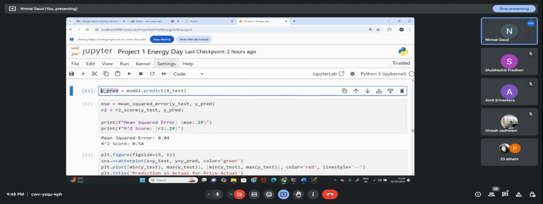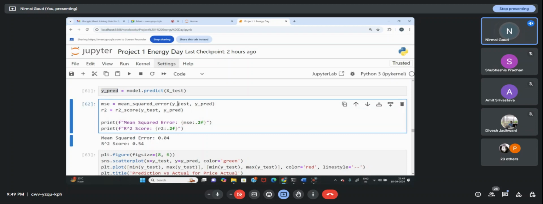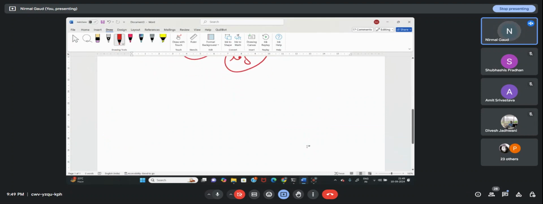Then you have y test and y prediction. You trained your model on x train and y train, and you calculated prediction over x test. However, x test already has y test as output.